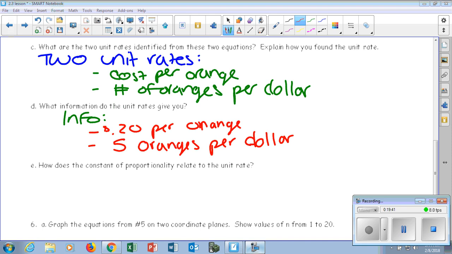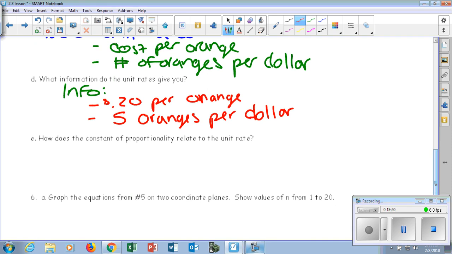What is our constant? How does that relate, Ashley? Well, what's our unit rate again? Ashley, look up here on D. What did we say our unit rate was? What's the information that they told us? Cost per orange. And what else? The number of oranges per dollar. So we were able to see every 20 cents is one orange, right? That's the constant. Our constant is 20 cents. Same thing here.